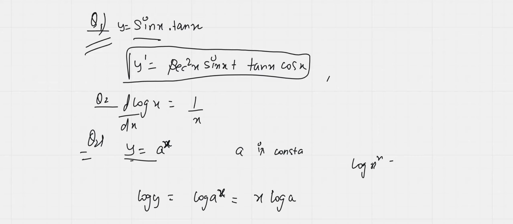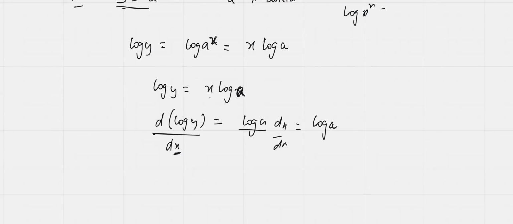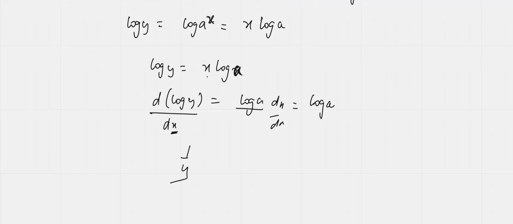Whatever there is inside the log, just take it in reverse, and you know the next part of the chain rule: if something is inside, differentiate it again. So here, I have y, and the formula for log is 1 by y. As per the chain rule, I have done the outer part; I will go for the inner, which is y. So I will differentiate dy by dx.